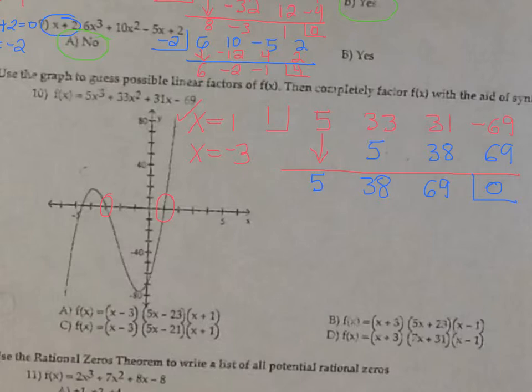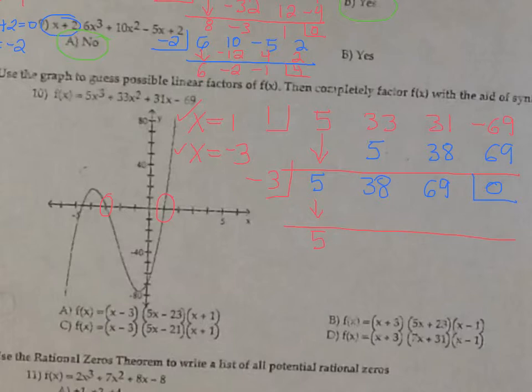Yes. Now, what you need to do next is continue here with that answer. Now we're going to check x equals -3. So we put -3 outside, put a line, and continue synthetic division with the result, and we bring the 5 down.